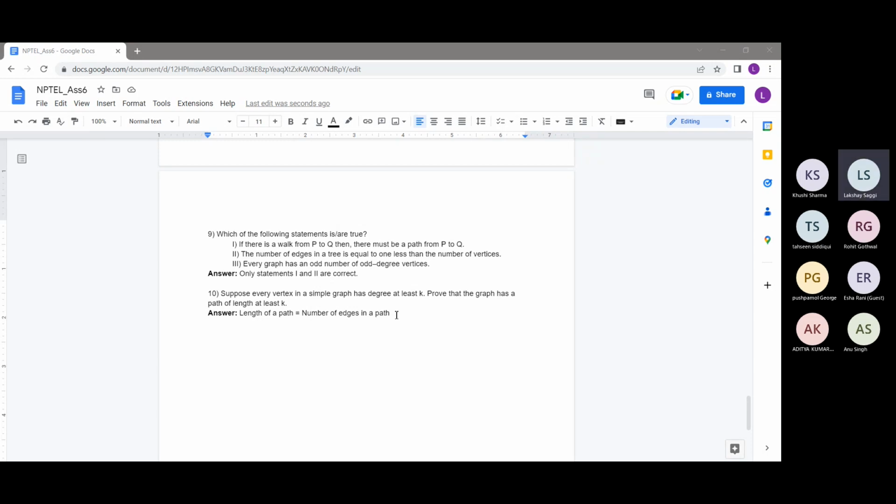But we need to show that there will exist at least one path which has length k. This is a bit more interesting question. Maybe I'll just start solving it because I believe it's not too easy to see. We'll try to prove this by contradiction.